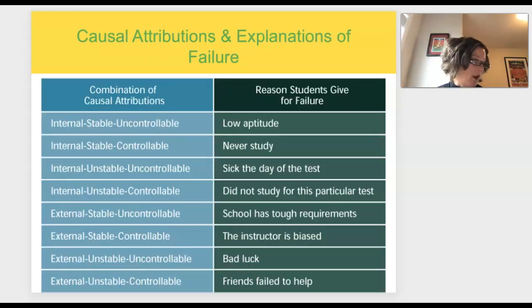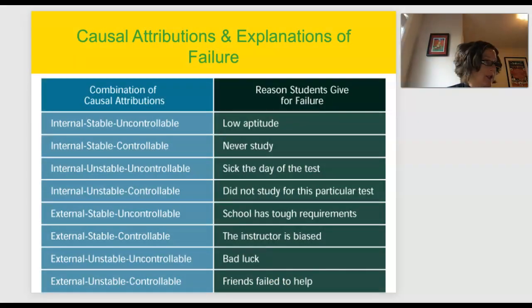Okay, so let's look at some of these combinations here. Let's look particularly at low aptitude. This is internal, because aptitude is internal here.